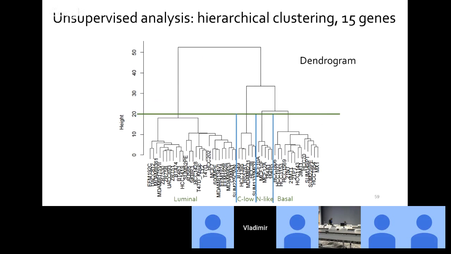Moreover, you see here that if we further reduce the cutoff height, we'll have the luminal cluster divided into two subgroups.